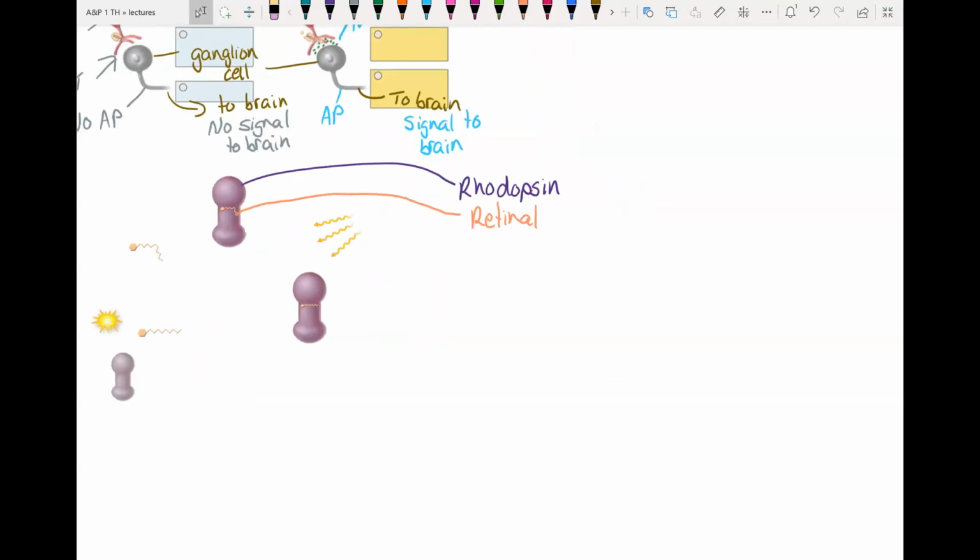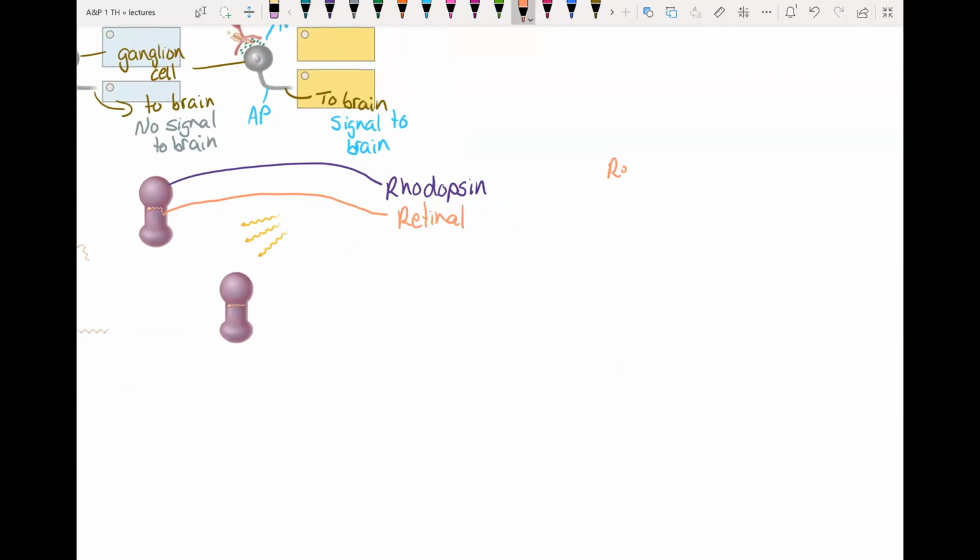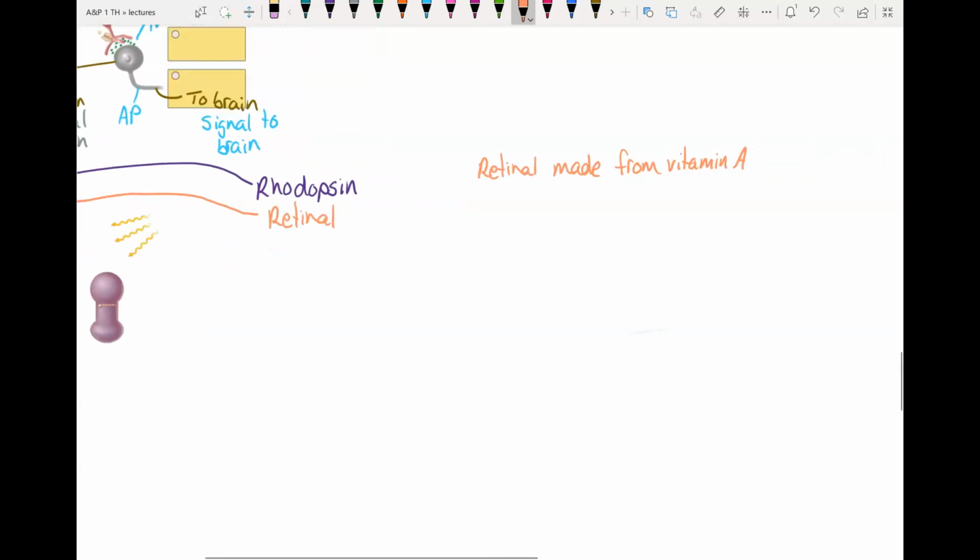Okay, have you ever heard that eating lots of carrots is good for your eyes? That's not completely true, but there is some truth to that. Retinol is made from vitamin A. So you have to have vitamin A in order to have retinol, and you have to have retinol in order for your eyes to work.